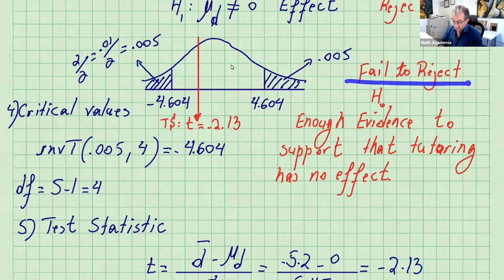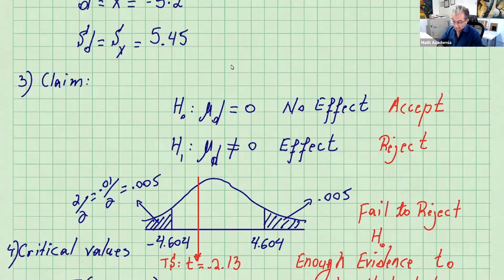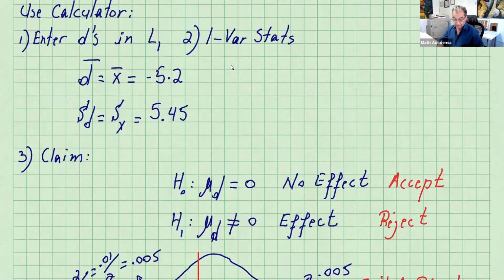First conclusion, fail to reject H0. So if we fail to reject, that means we accept H0 and we reject H1. Then take a look at that. We accept the claim that says no effect. So we don't have enough evidence to say that tutoring has an effect for all students.